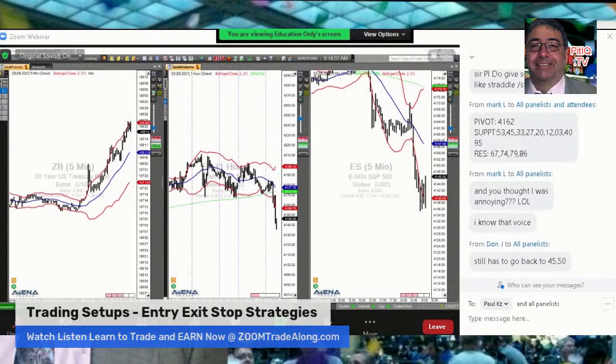Again, resistance would be back around the 53 area.